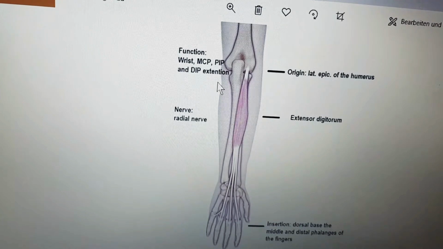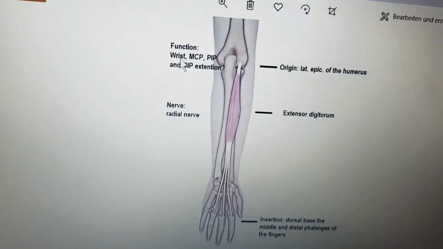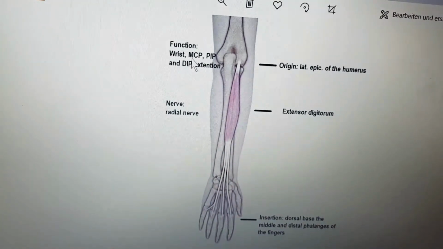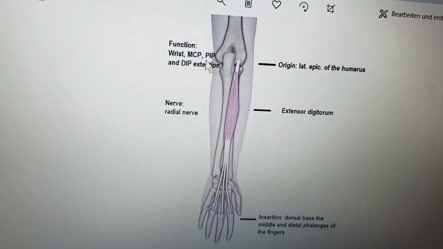The function of this muscle is the extension of the wrist joint, MCP joint, PIP joint, and DIP joint.